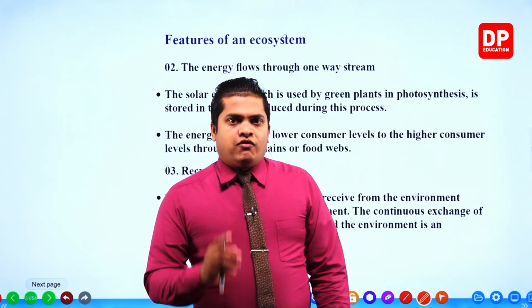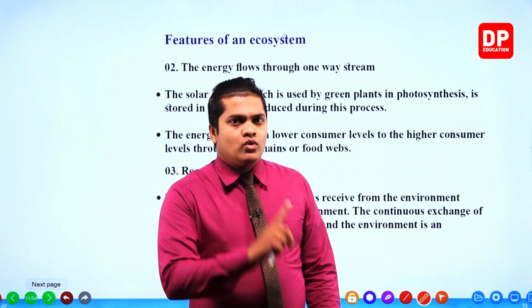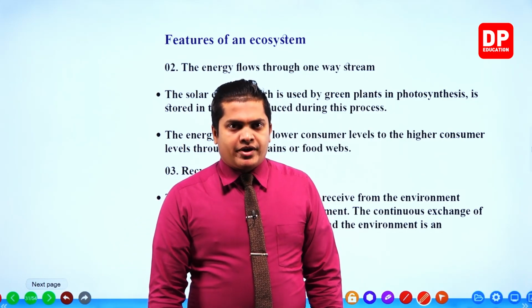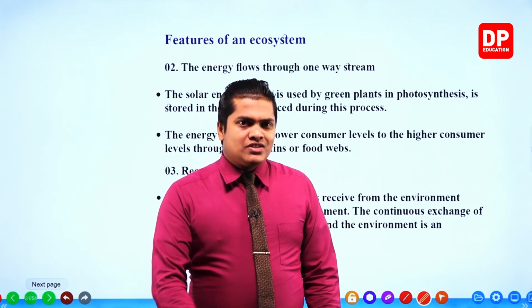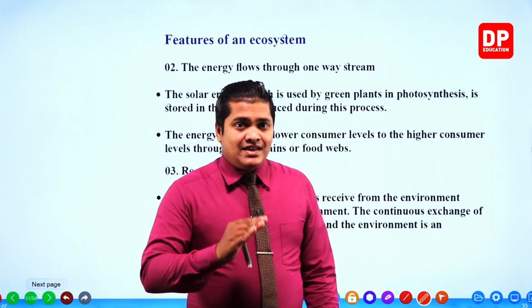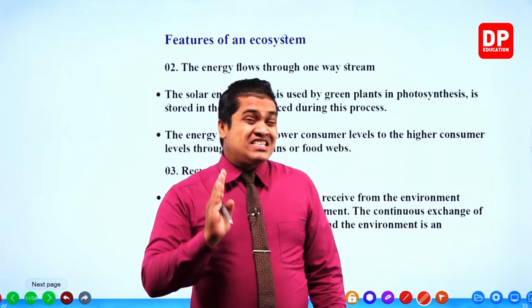So photosynthesis is the main process that helps to convert that solar energy into chemical energy by the production of food. That energy produced by the organisms, especially plants, is directed downwards through food chains.